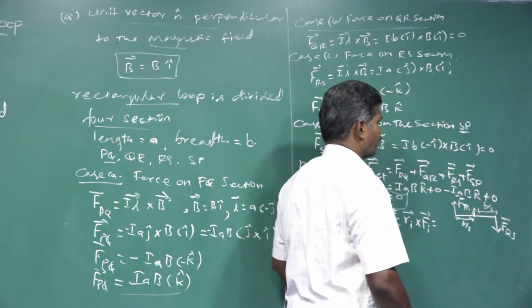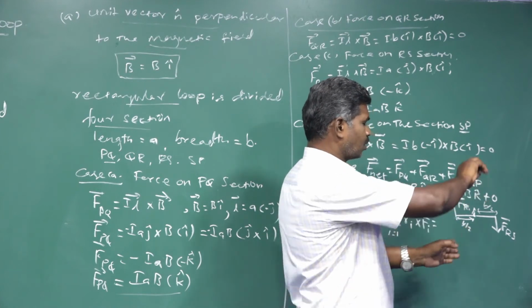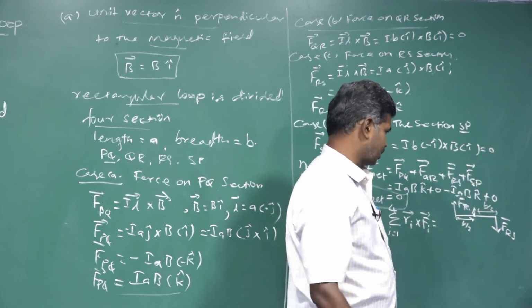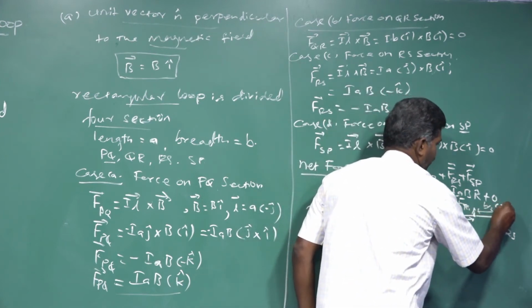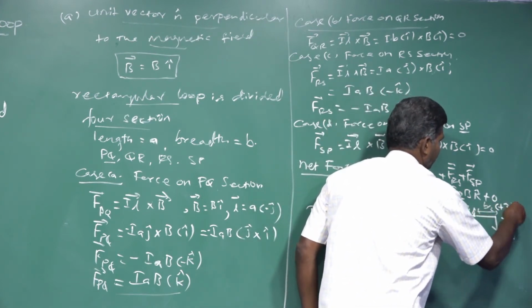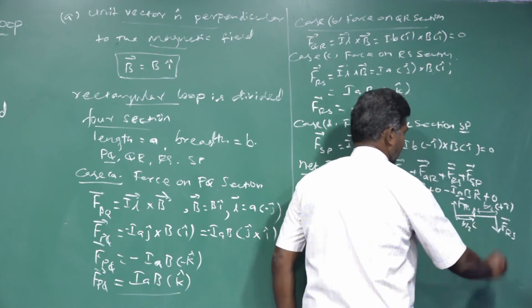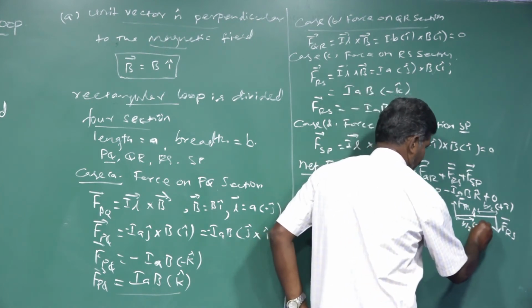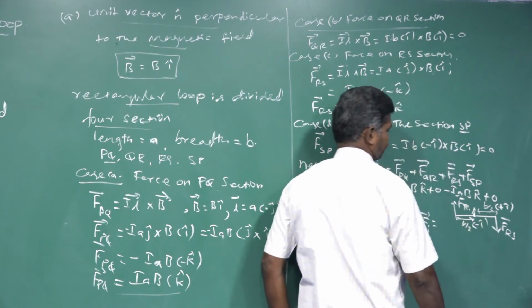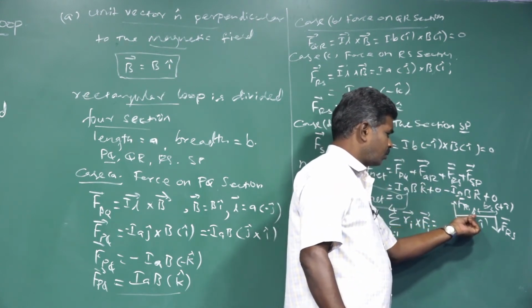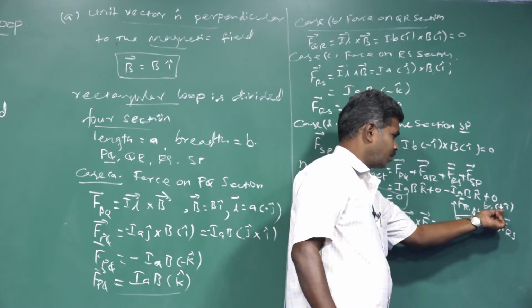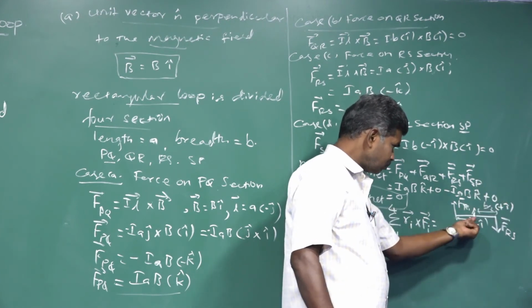Along the y-axis, the rectangle loop may make a rotation. We know that this direction is positive I cap. This direction is taken as negative I cap. If you move from that center to this direction, it is a positive x direction.